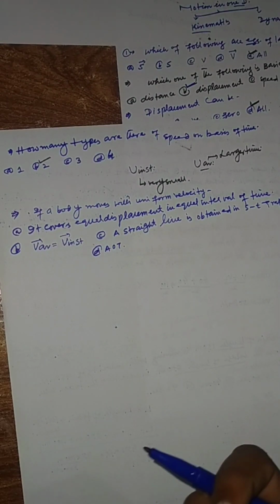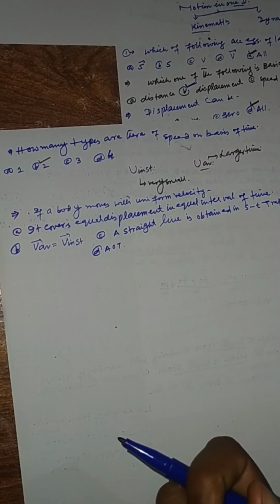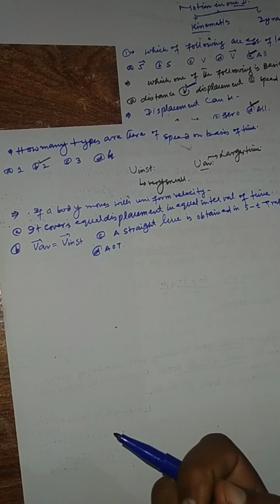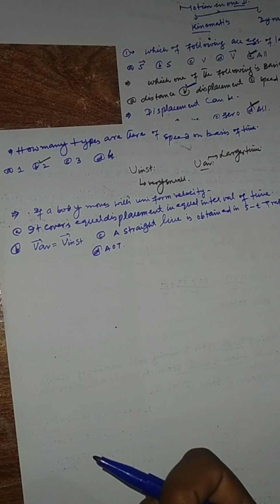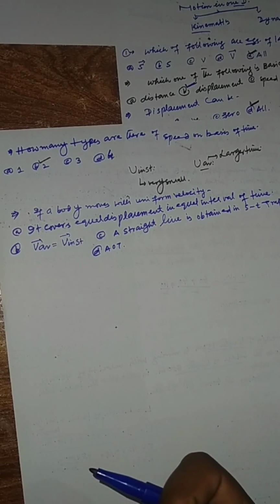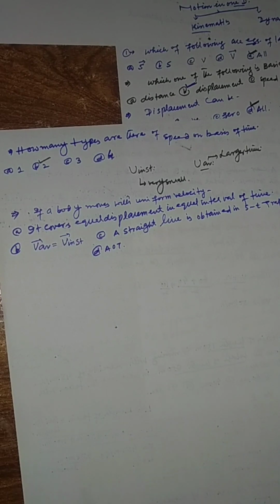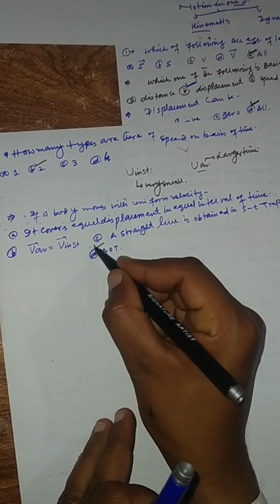Then what will be the correct answer? If a body moves with uniform velocity, it must cover equal displacement in equal interval of time, and average velocity will also be equal to instantaneous velocity, and a straight line is also obtained in an ST graph. Then the correct answer is all of these.